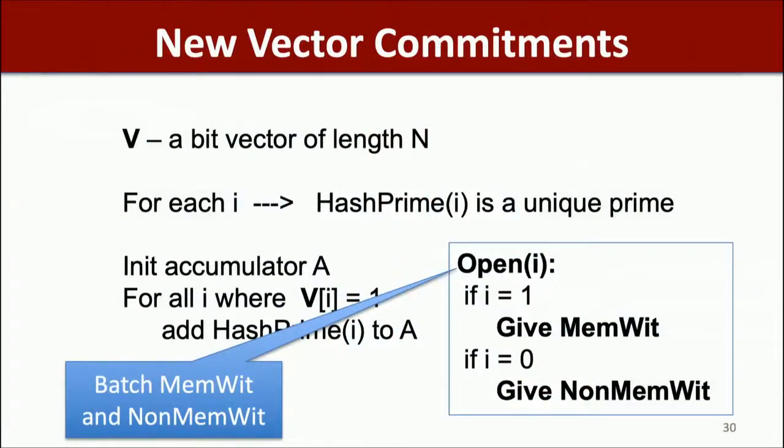A big part of the paper is focused on this batch exclusion proof, which uses some new interesting techniques. But with this vector commitment, I can prove to you that large messages are in this vector commitment, again with a constant size proof. If we look at the comparison to Merkle trees, our proofs are smaller.